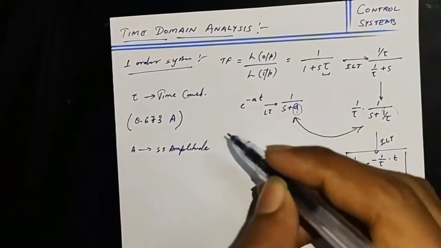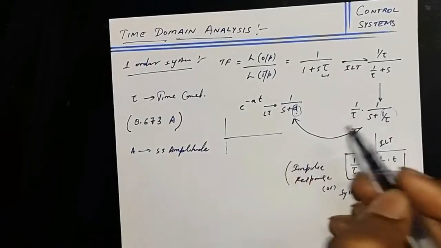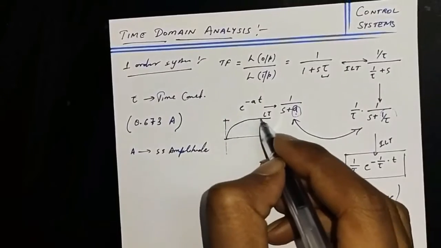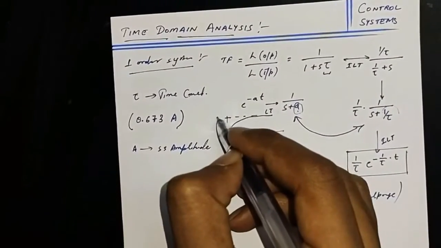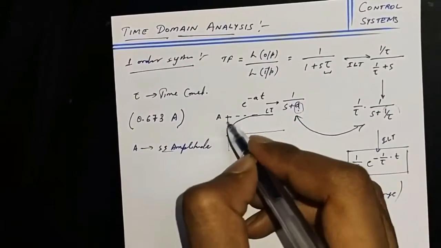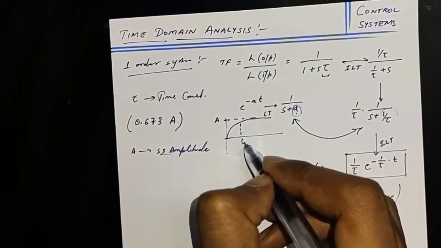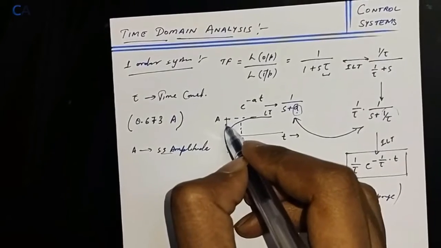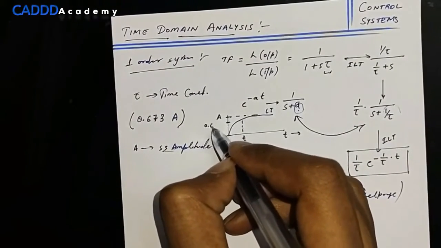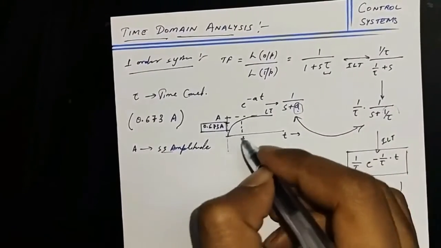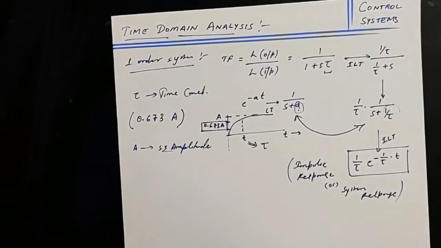Like, if this is the response of a system and this is the final amplitude, or we can say steady state amplitude, and this is the time axis, then the time at which the amplitude becomes 0.673 times of A, that time is called the time constant of the system, that is denoted by tau.